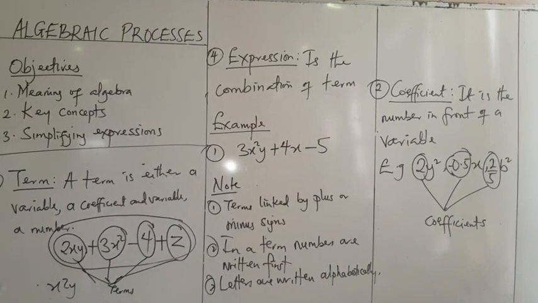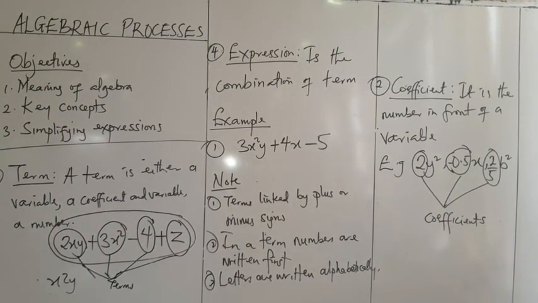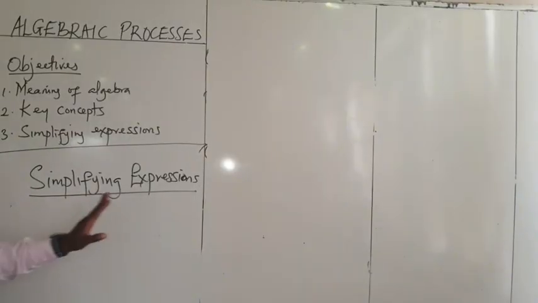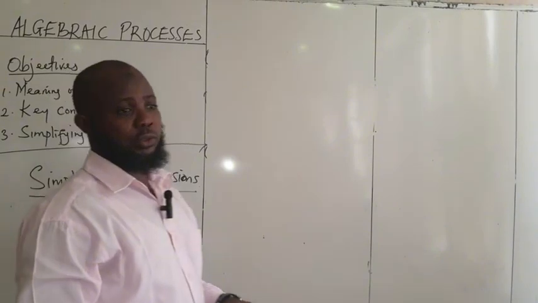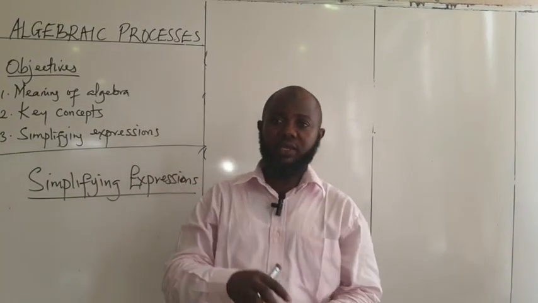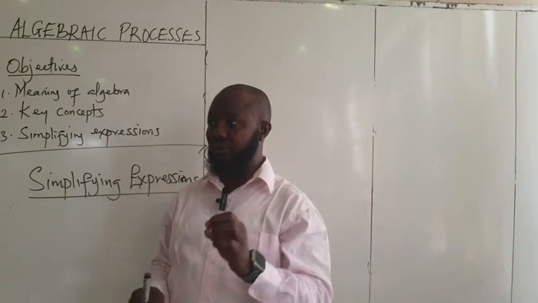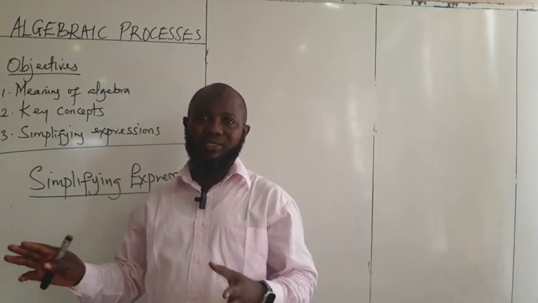So the next one is for us to look at simplifying expressions. When you are asked to simplify an expression, you are asked to reduce the expression to its lowest term. Anytime you hear the word simplify, it means reduce or take it to the lowest term.